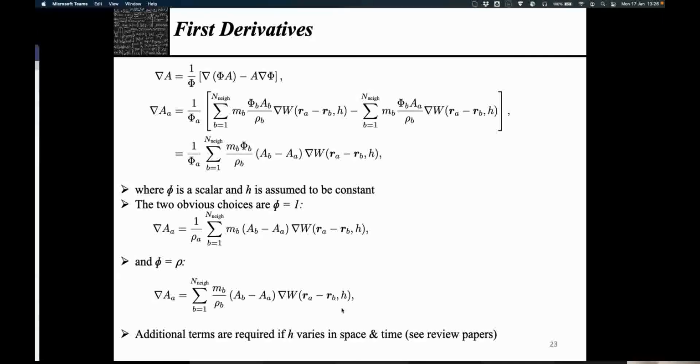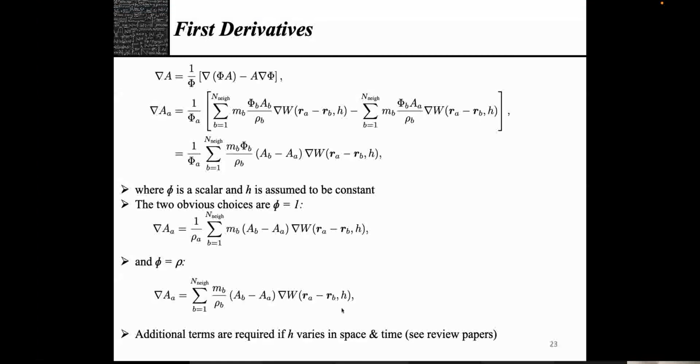So I should mention that this is not a complete description, because the smoothing length, as I discussed a little bit earlier, does vary depending where you are in the grid. And so it does change with density. That also means it changes with time. So for h, you actually have to account for the derivative of the smoothing length as well.